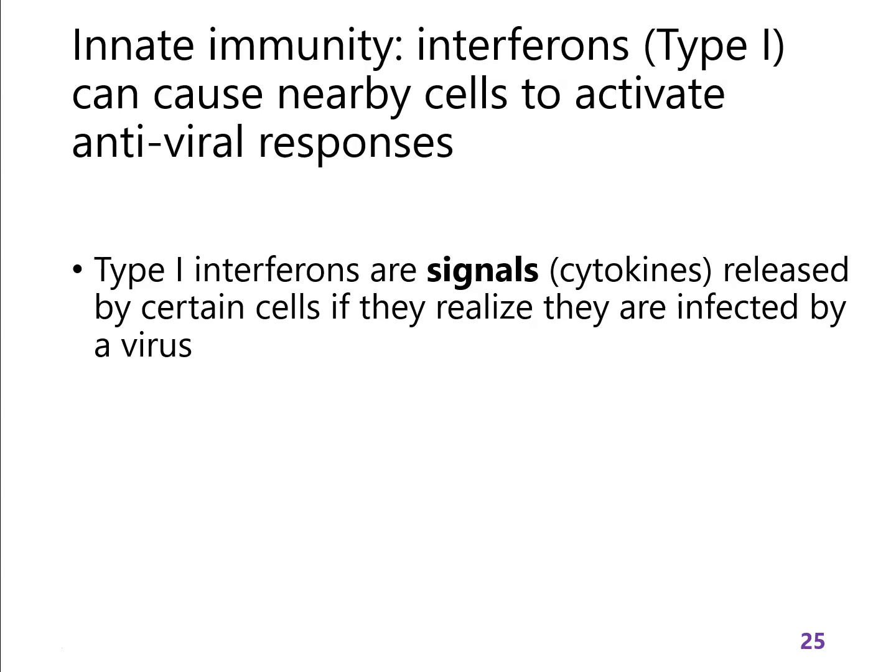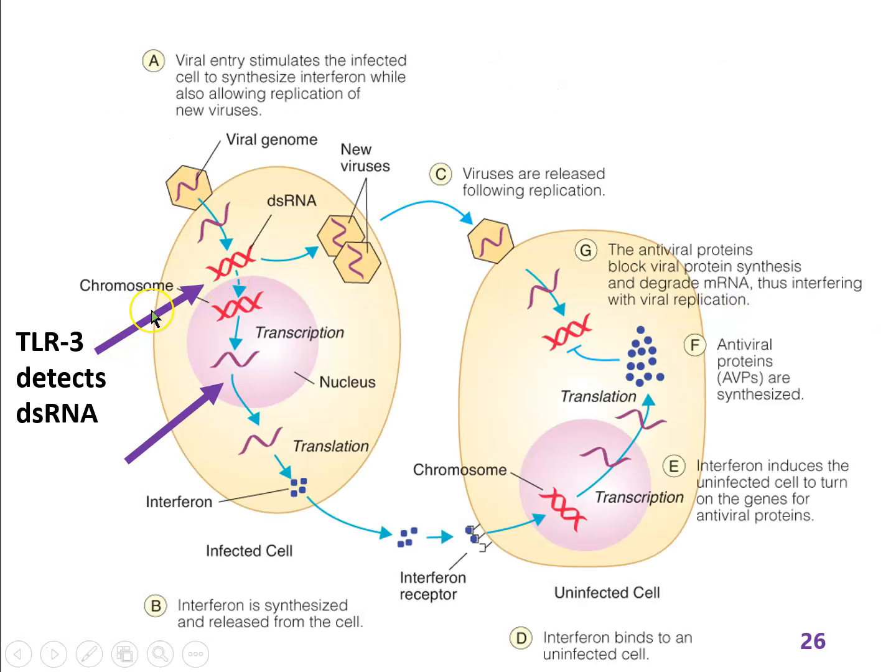So they're released by cells if those cells know that they're infected by a virus. So toll-like receptor 3 could detect double-stranded RNA, and that is a dead giveaway that there is an RNA virus infecting this cell. So if toll-like receptor 3 detects that, it will initiate a signaling cascade that will lead to interferon production.